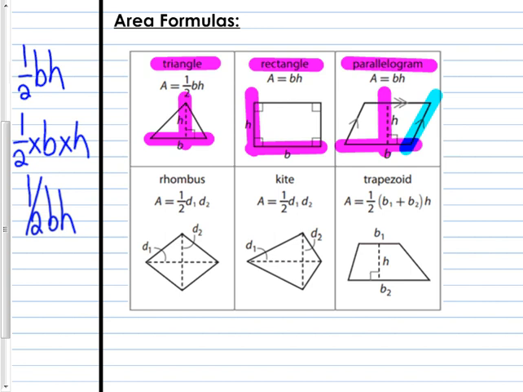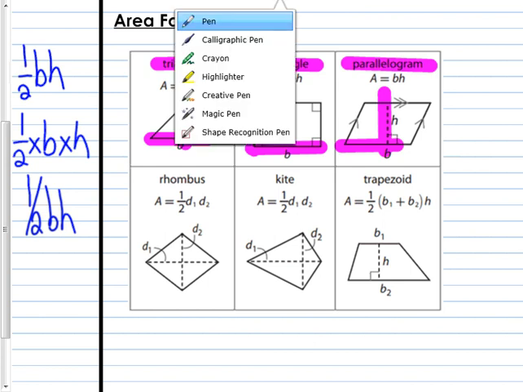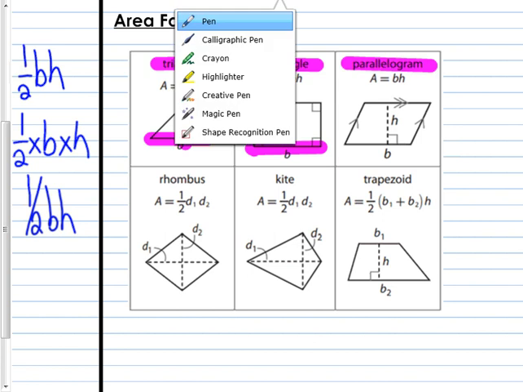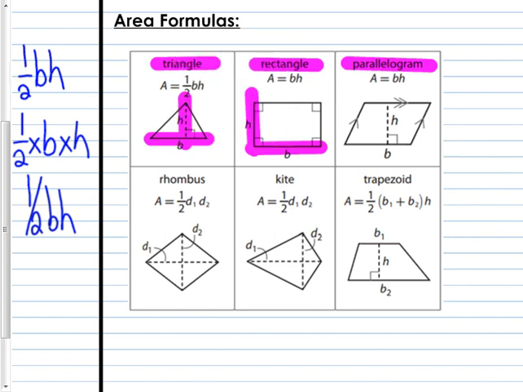The slanted side is not the height because the height has to be perpendicular to the base. Okay? Hopefully that makes sense. Oh, my bad. Let me erase that. We'll try this again. Okay, so the base and the height are perpendicular to each other.